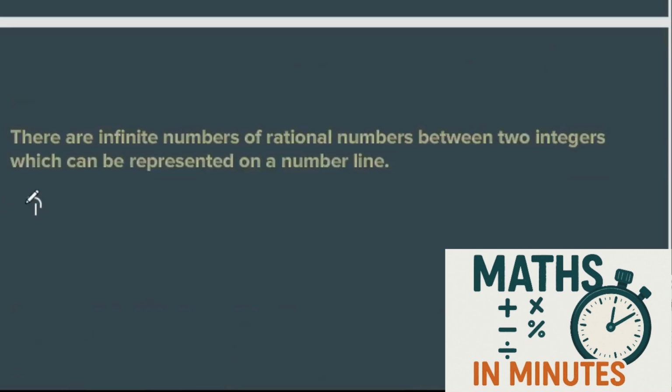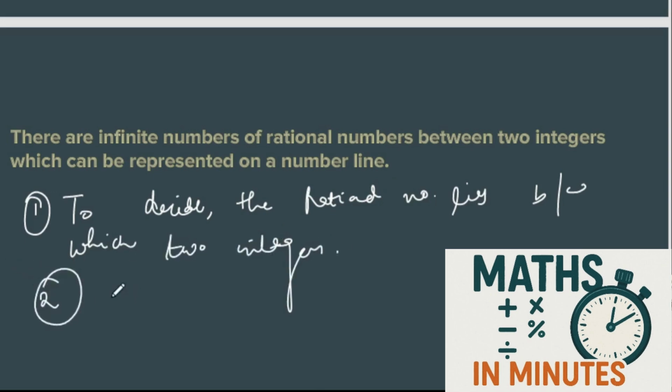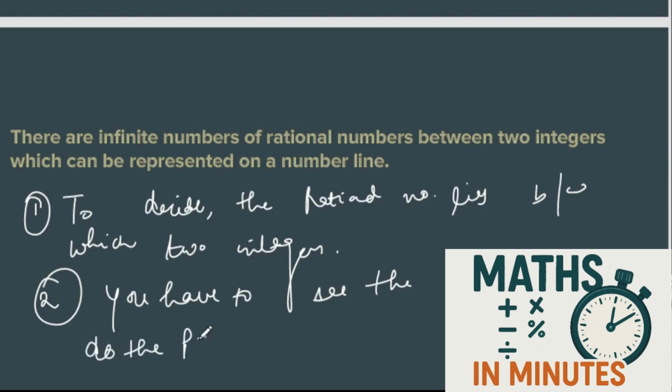If you guys want, I can mention the steps used in this. Step number 1 is to decide which two integers the rational number lies between. Step number 2 is you have to see the denominator, and divide the number line into parts according to the denominator.